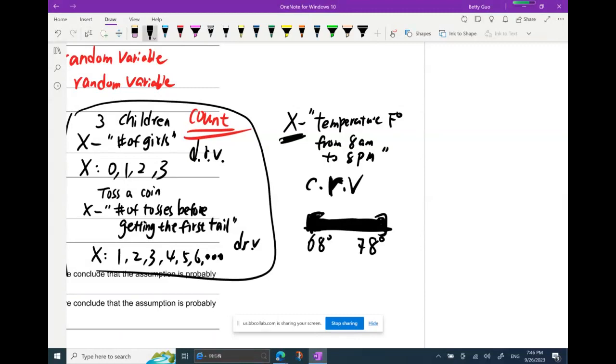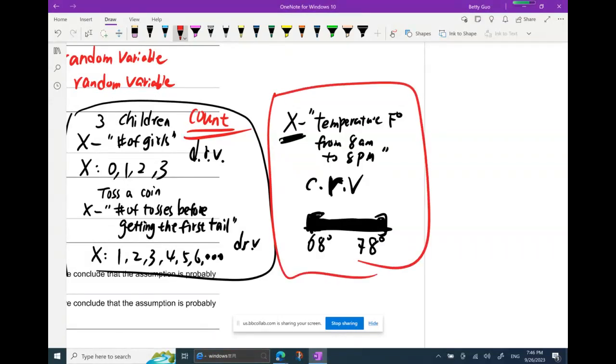Normally, the continuous random variable is used to measure. Normally, not absolutely, depends on the situation. So a discrete random variable is normally used to count, and a continuous random variable is normally used to measure, like weight, height, temperature.